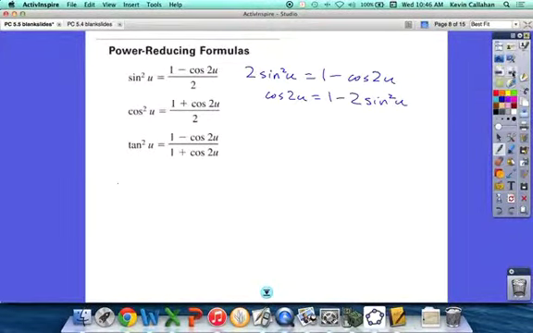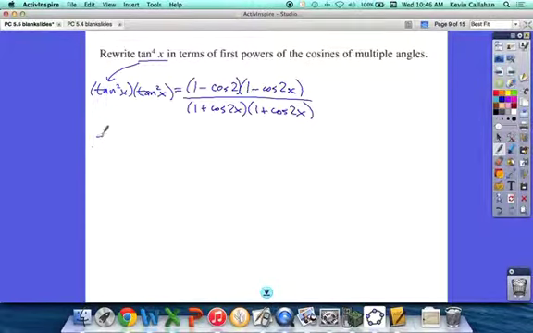Right, this is just doing it twice. And then you're going to simplify by foiling. So when I FOIL these in the numerator, I'm going to get 1 minus 2 cosine of 2x plus cosine squared of 2x, divided by 1 plus 2 cosine 2x plus cosine squared 2x.